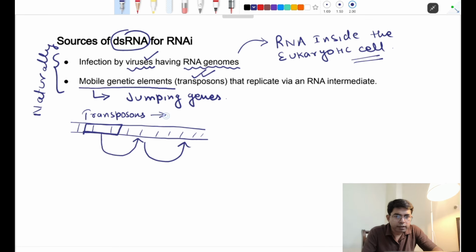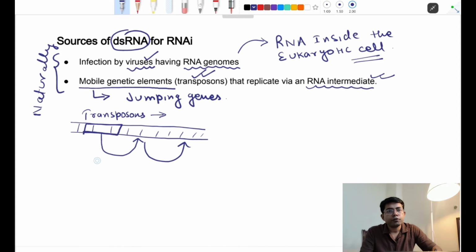They will form the RNA which will take part in RNA interference. There are some more sources, but because NCERT has given two, we will limit ourselves to two. First source virus, second source transposon. Which virus? Virus with an RNA genome.